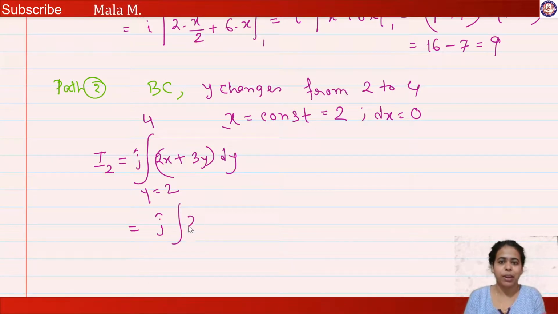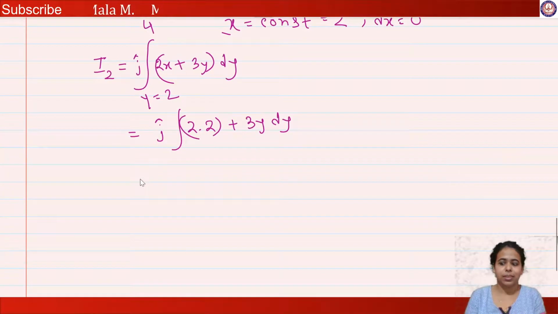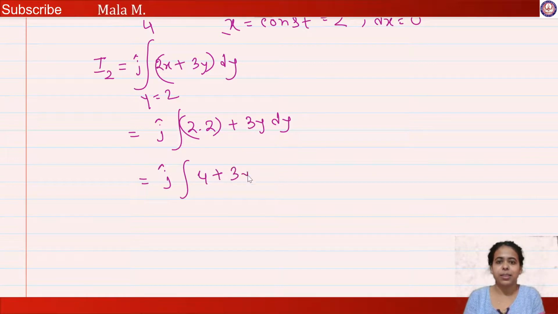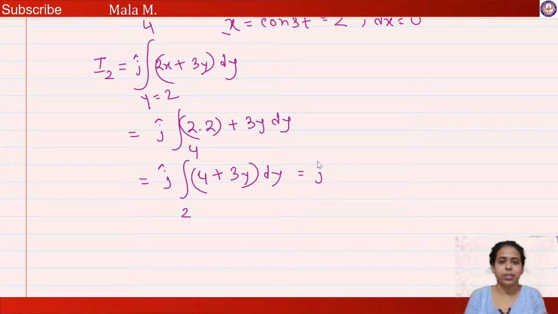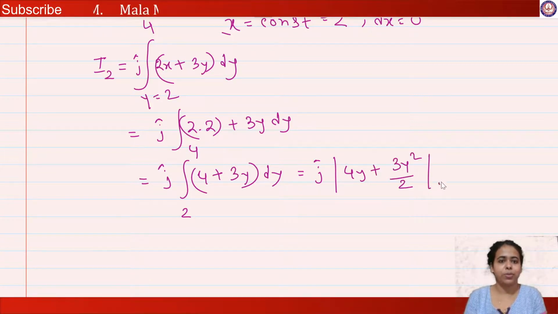Again I put the value of x, which is 2: 2 into 2 plus 3y dy, which is 4 plus 3y dy, where y varies from 2 to 4. The integration becomes 4y plus 3y squared by 2, with y varying from 2 to 4.